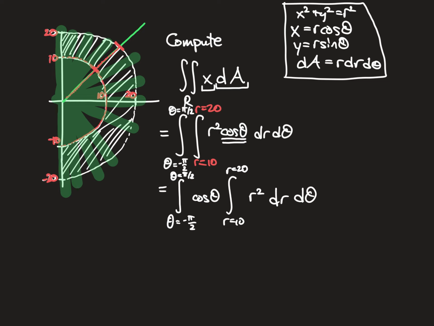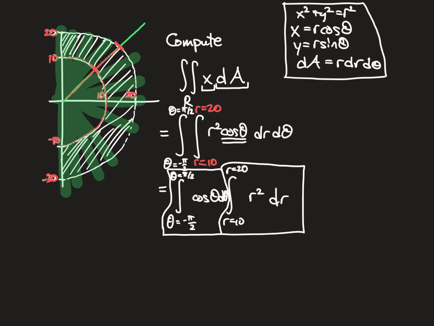And in fact, the integral with respect to r shows no traces of theta, and the integral with respect to theta shows no traces of r. Then we can actually just write them as a product. This is one of those unusual cases where we can do that. So it's this single variable integral times this single variable integral.